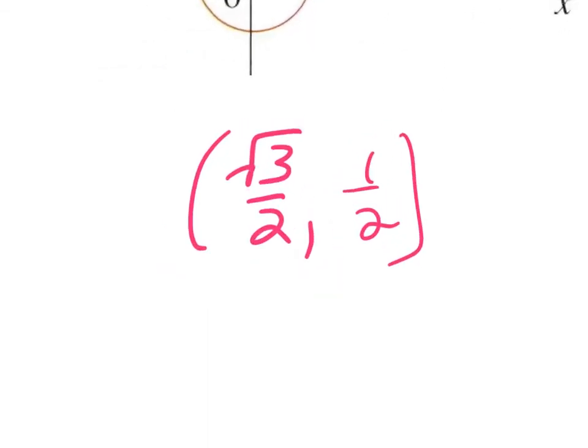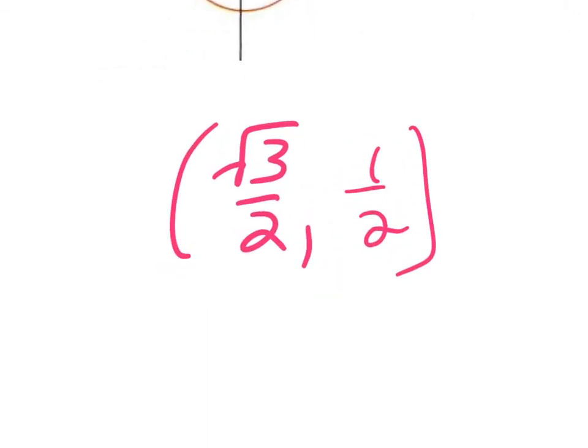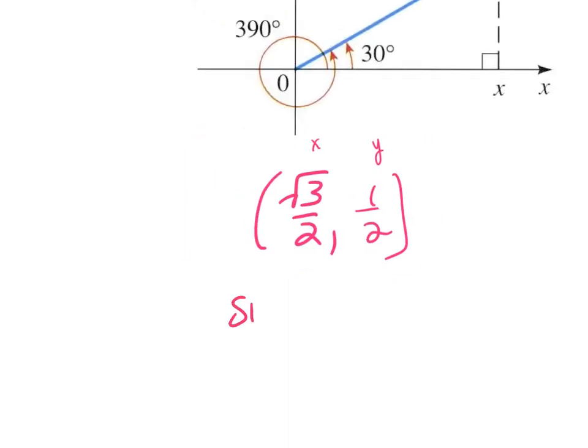If I asked you what the sine of 30 degrees is, sine is what value, x or y? Sine is y, so sine would be 1/2.